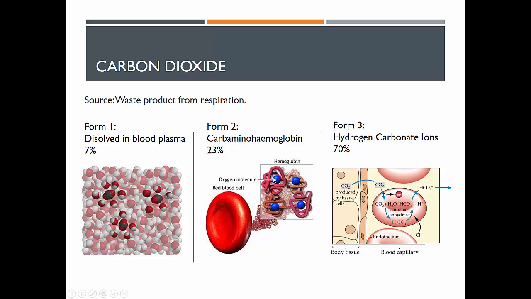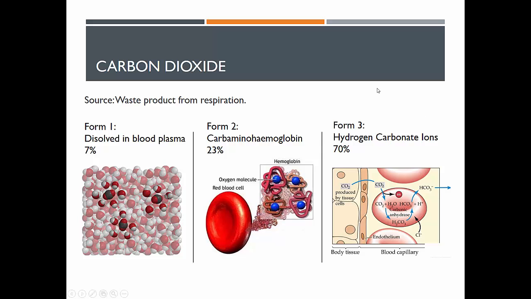But it can also carry carbon dioxide. It can carry carbon dioxide away from muscle tissue where it's being produced, and it can deliver oxygen. So carbaminohemoglobin is 23% of carbon dioxide, carried when it's attached to a hemoglobin molecule.